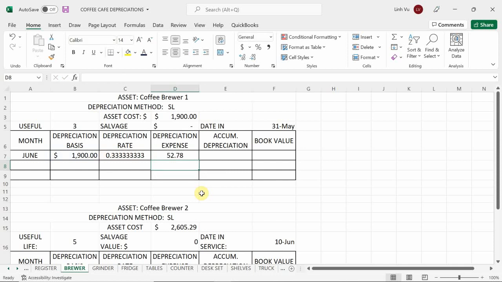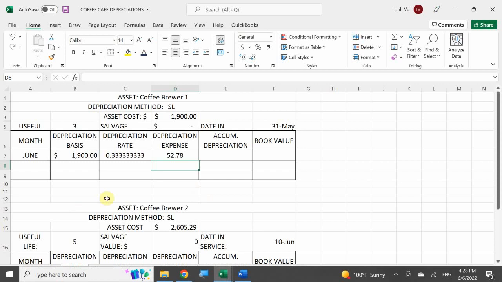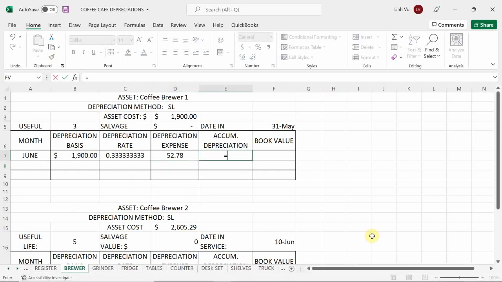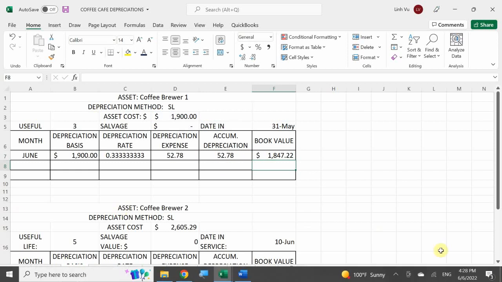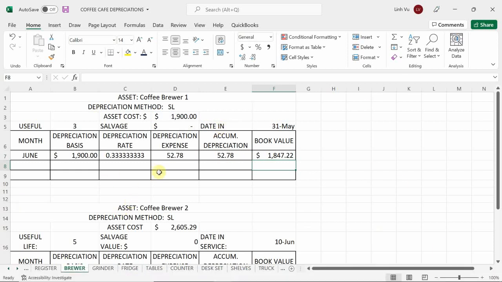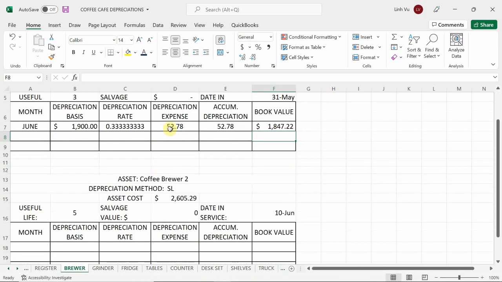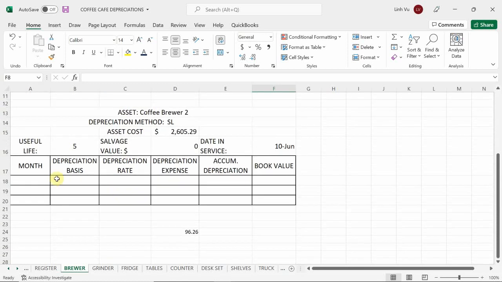This one is definitely more correct because it reflects how much it's going to cost you for that month. Okay, and again, you can continue to figure the book value if you want to. So that's for the first coffee brewer.